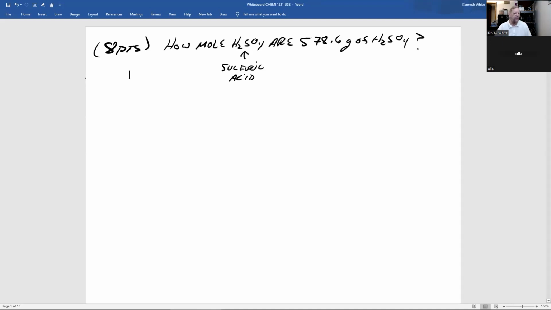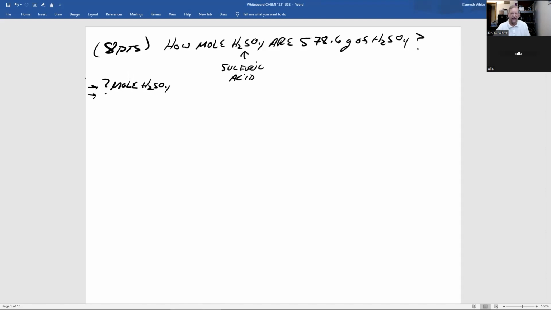So let's do it stepwise. First, what are you being asked to find? What are you given? Your turn. All right, it's now my turn. We're trying to find how many moles of sulfuric acid.